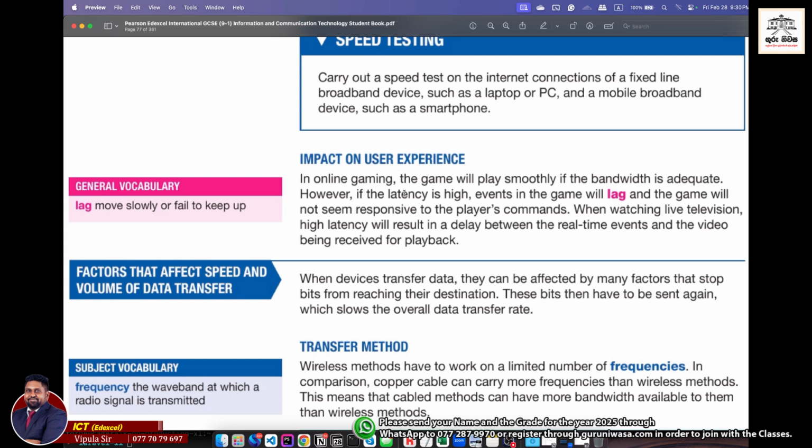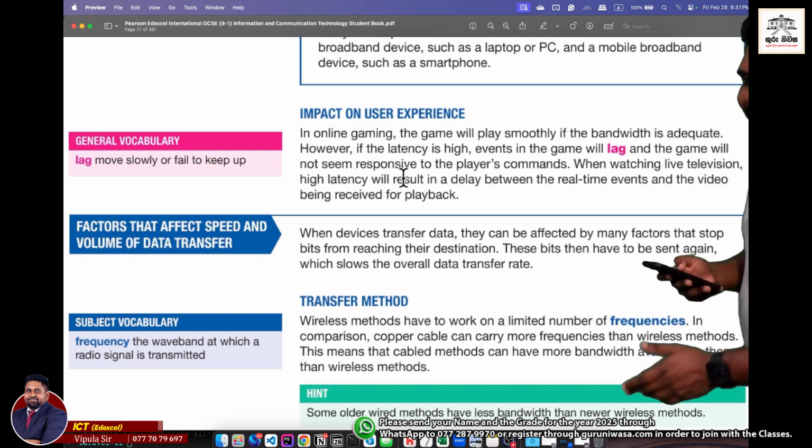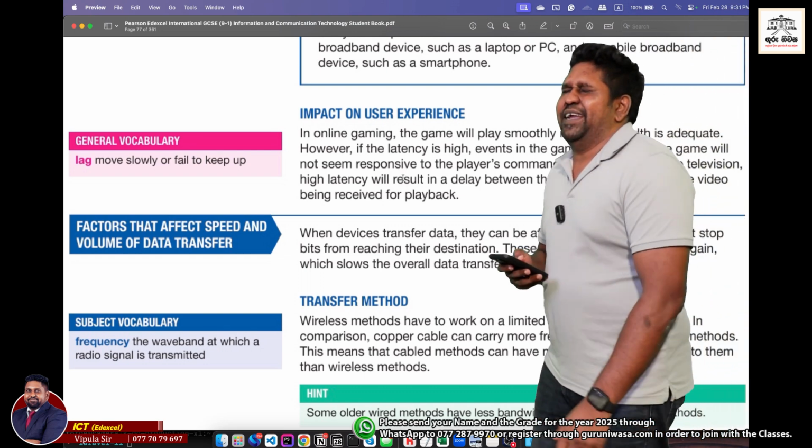If you get a question asking what is lag or how does it impact a user, you can easily say, the whole idea about the game is to make sure that you can play it smoothly, and if lag happens, automatically the game will not be responsive. So there will be a big delay between how you move and the events that happen in the game. Right? Okay, so this lag thing, we have a lot of bad experiences with lag.